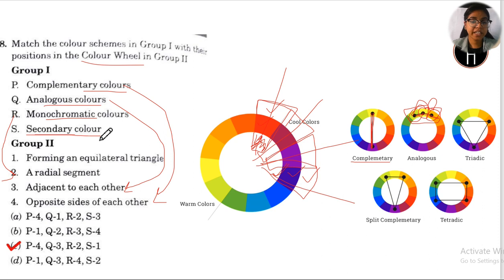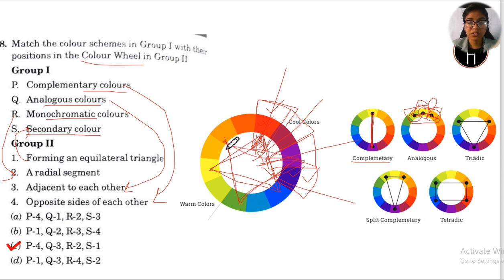Then you have secondary colors. Secondary colors form an equilateral triangle, because the primary colors also form an equilateral triangle as they are positioned. In the same way, the secondary colors also form one. See, this is your primary color, your red, and in the same way, in reverse, you have your secondary colors.